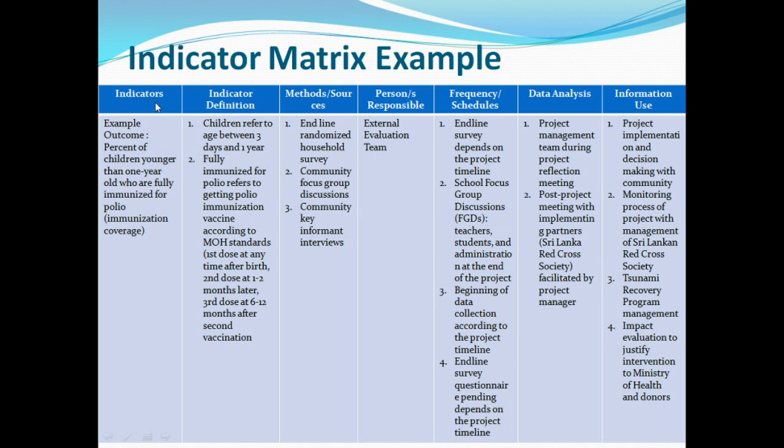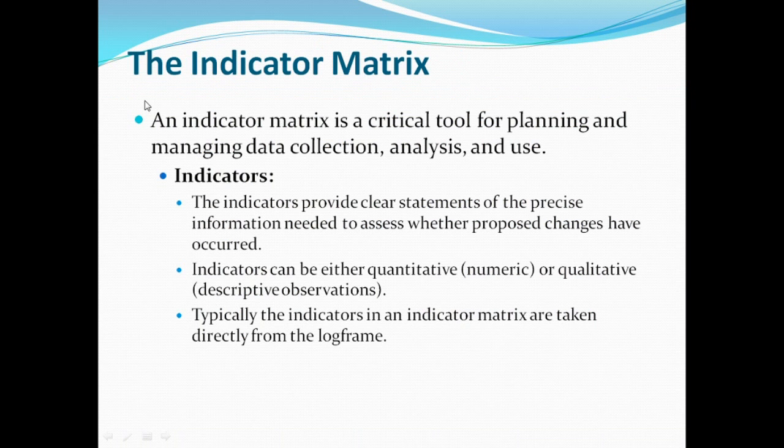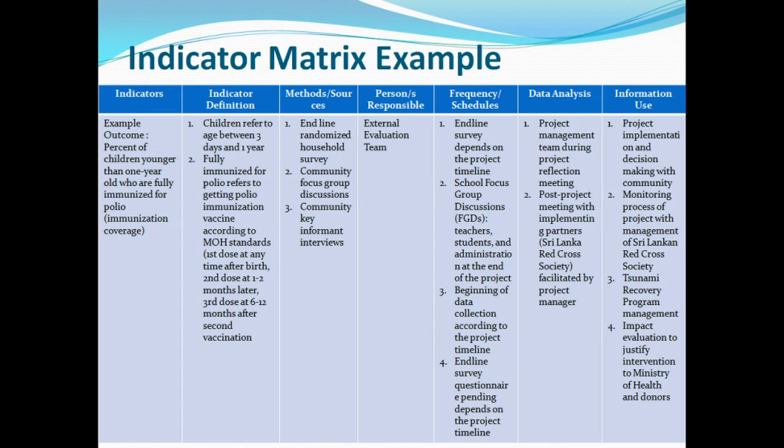I've already explained what we mean by indicators. If you look at the example, the outcome is the percent of children younger than 1 year old who are fully immunized for polio immunization coverage. So it's basically the same example that we are carrying forward.